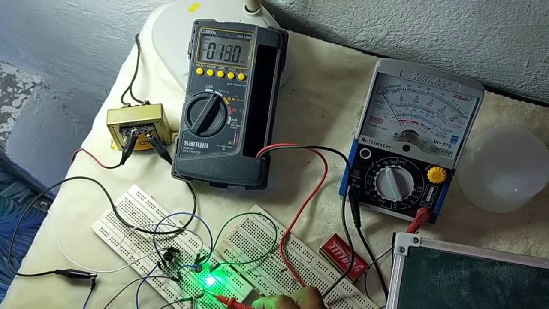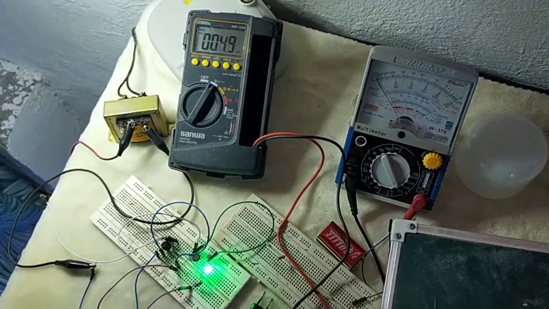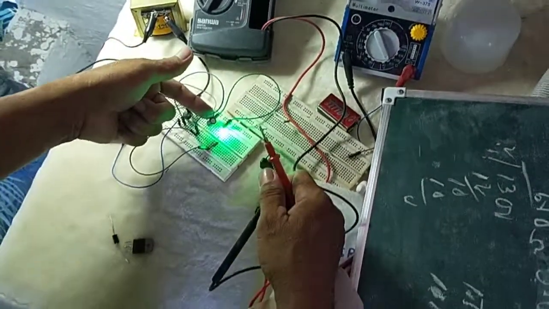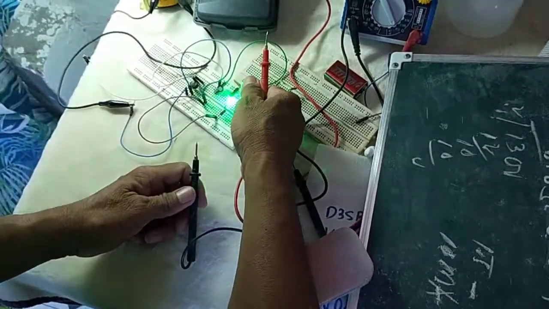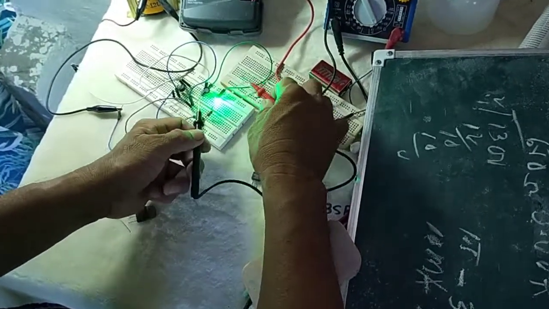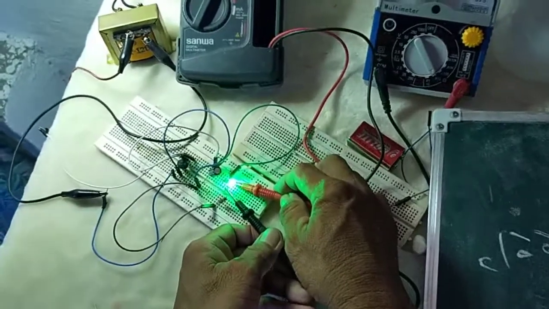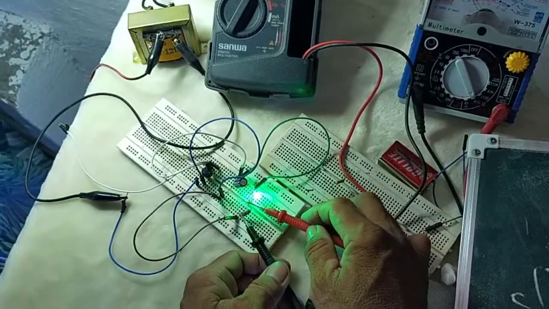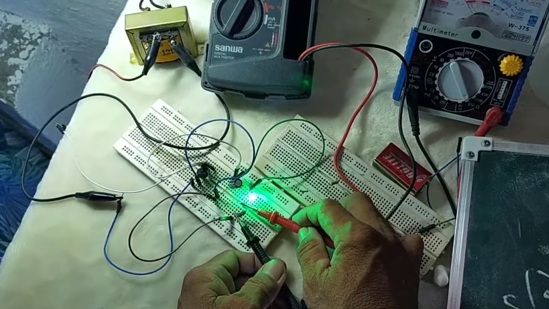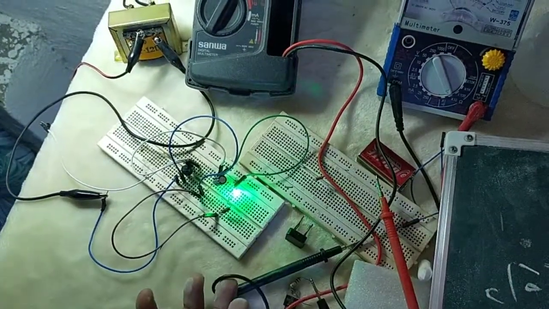And the voltage across this resistor? 10 volts. The 16 volts across this capacitor, which is the supplier of this LED and resistor, is divided in accordance to their ratings. For example, this light emitting diode is 3.2 plus 10.